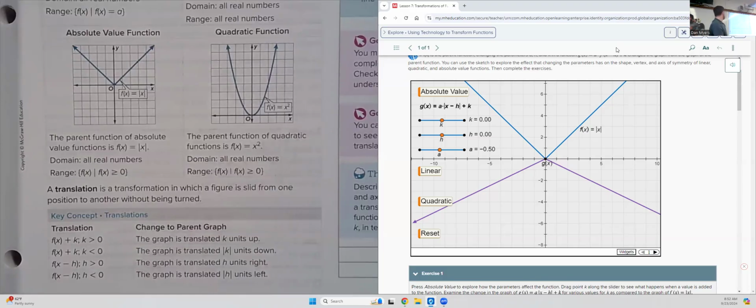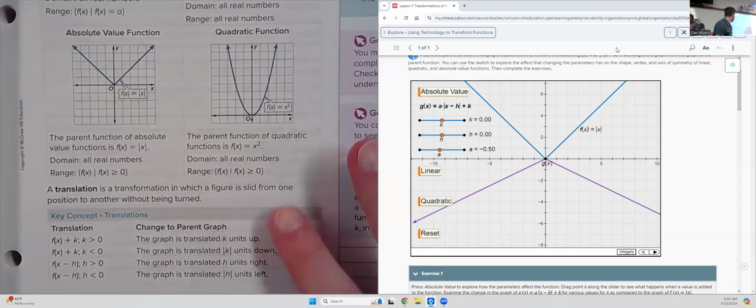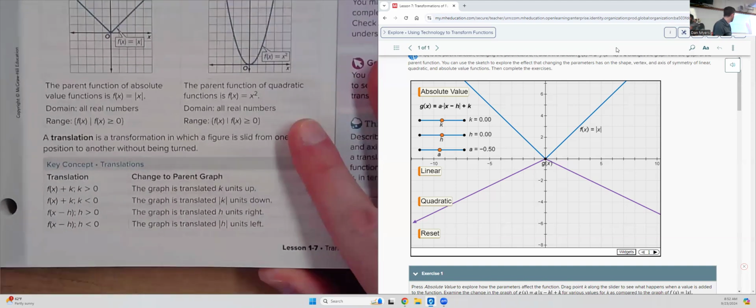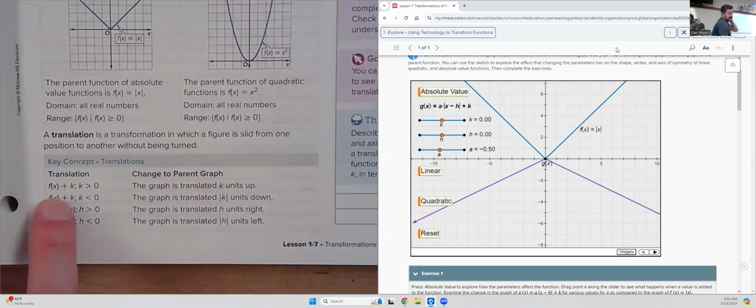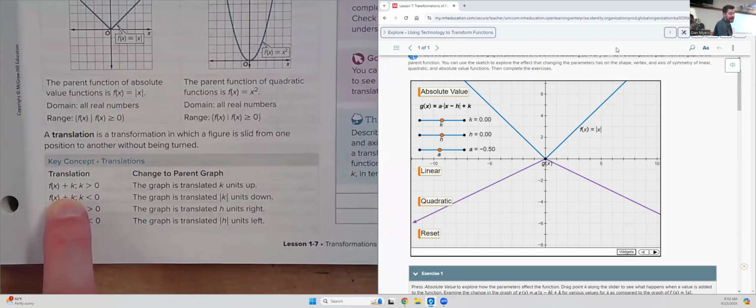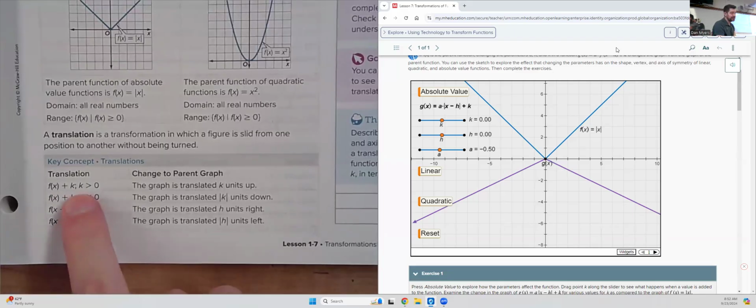So, as we saw in the warm-up, here are some things to know. The value of k, as we saw, translates, moves the graph. Translate means moves. If you add a value in the, quote, k position, meaning if you add a number to the end of the function, and the number at the end of the function does not have a variable or anything like that, that moves the graph up.